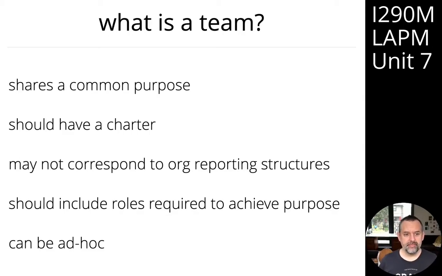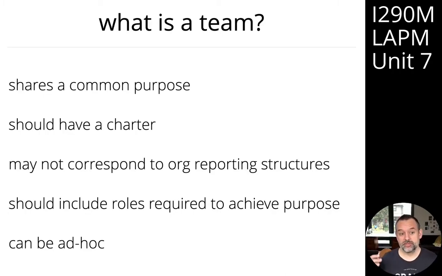Your team may not correspond to your organization's reporting structures. So, for example, some organizations organize teams by function. So you have a testing team and a development team. Now, that may not be the group of people you need to get your job done.